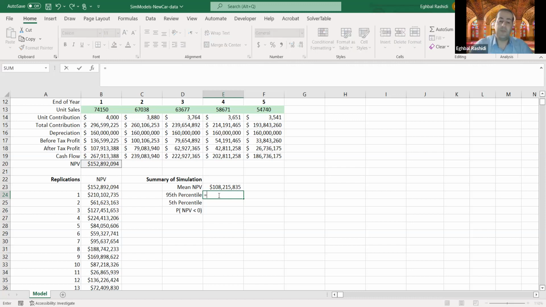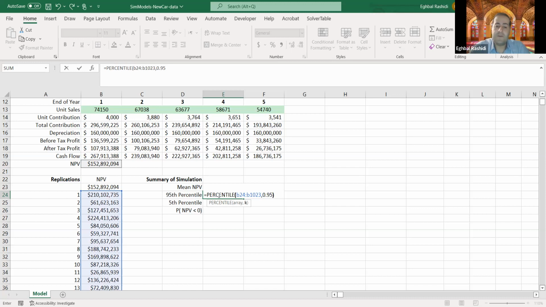To compute that, I'm going to use the percentile function. It has a few percentile functions; I'm going to go to the oldest one, which is PERCENTILE. It asks for the range, the range of replications, which is going to be B24 to B1023. This is all the replications, and K is for the percentile that we want, which is 95%, so I'm going to put 0.95.